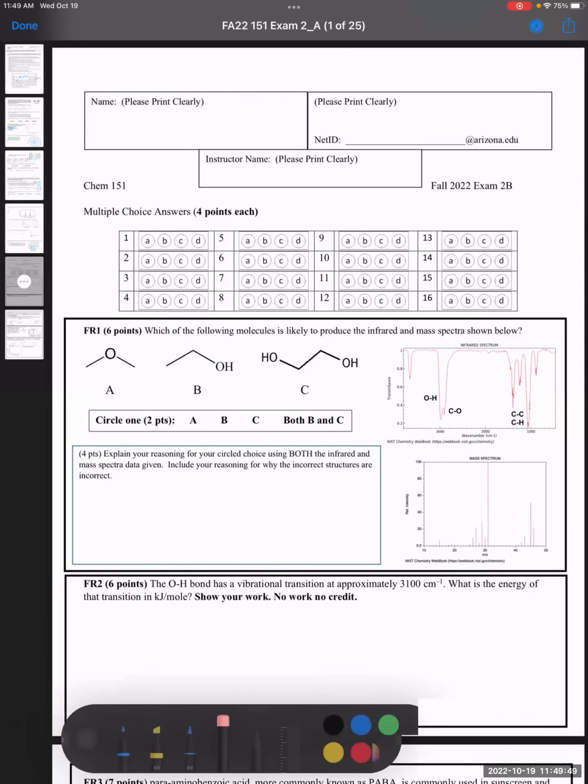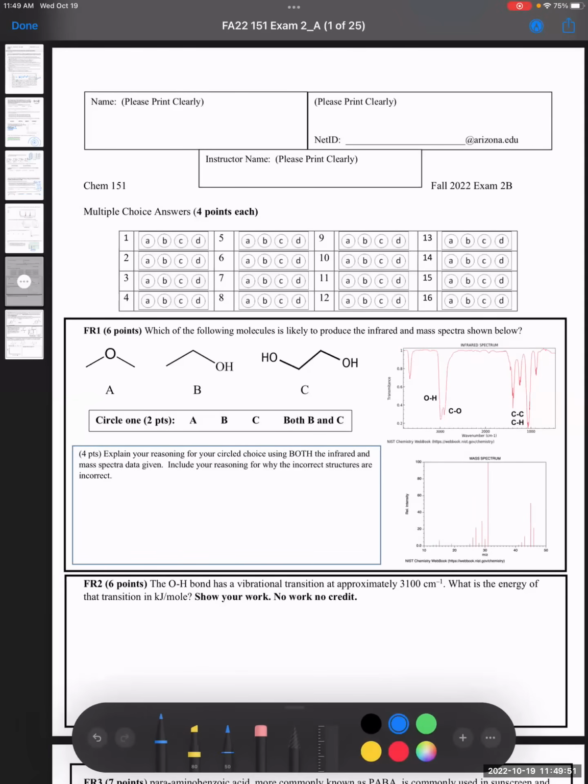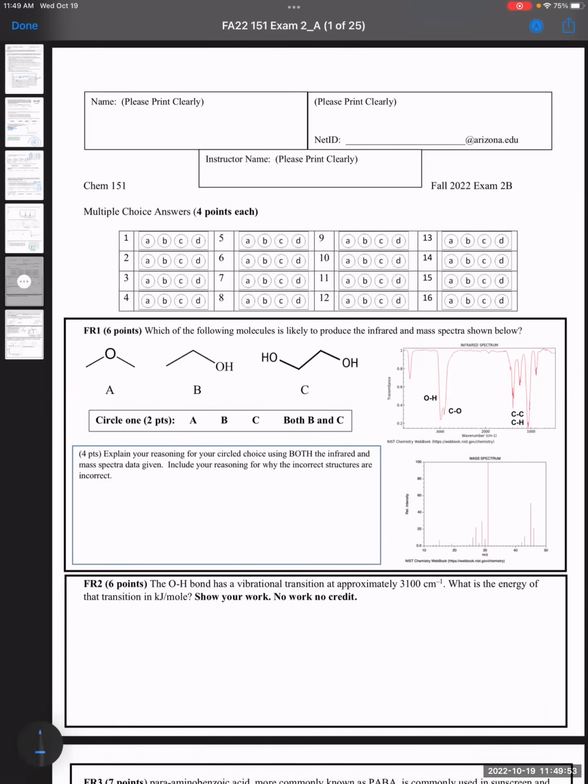In A, you see that there are no OH bonds. In the IR spectrum, we see that we have OH bonds, and we do not see that there. And also no CC bonds as well.